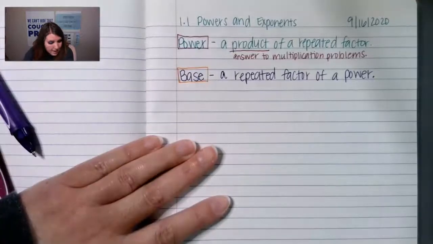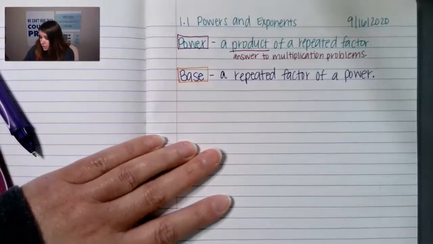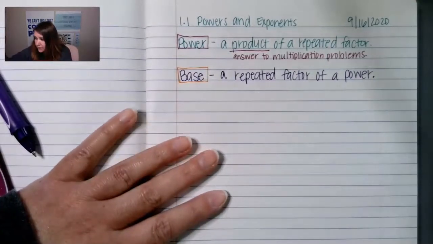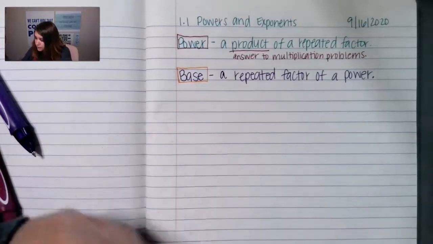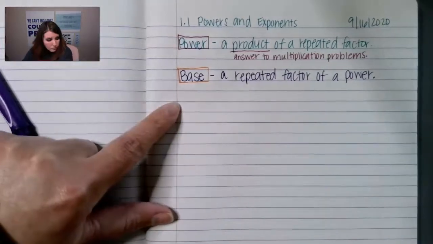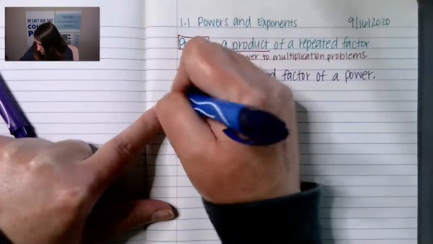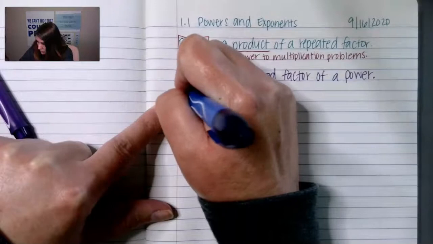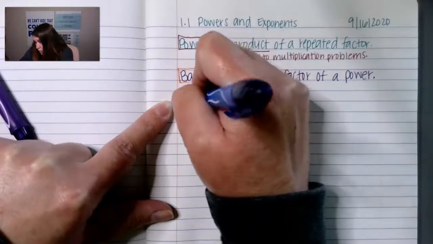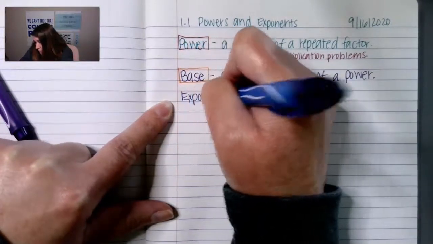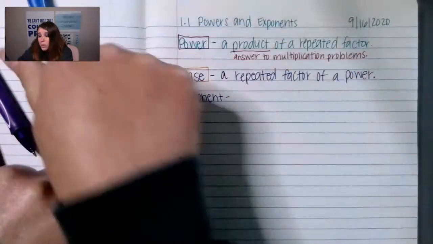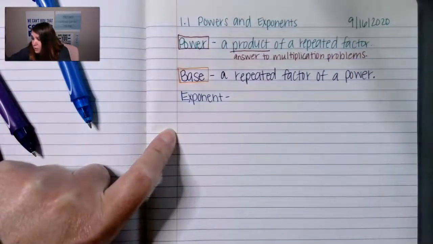All right, next. Our next word that we are going to look at is the word exponent. You may remember this word from elementary school when you had to look at exponents.